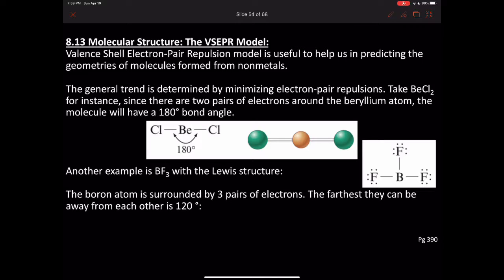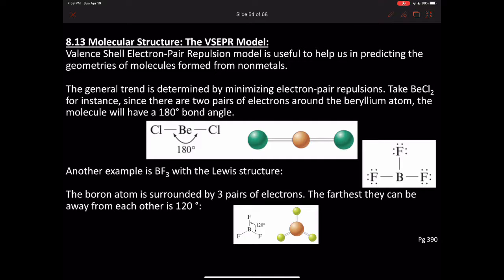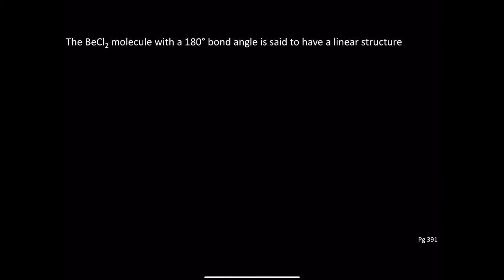If you think about it 3-dimensionally, the biggest angle you can achieve is 120 degrees, okay? So it would be in this triangular shape. Even if you tried to rotate that whole thing 90 degrees horizontally, you would still have 120 degrees. It's that 120-degree bond angle, because all of these electron pairs are repelling each other equally.